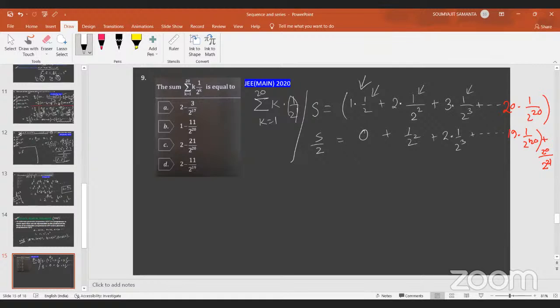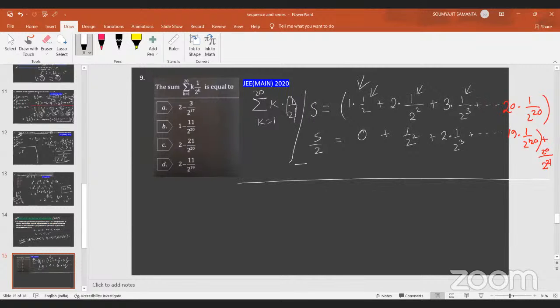So now what you need to do? Do the subtraction, S minus S by 2. So you will get S minus S by 2, which is nothing but S by 2 equal to, this will become 1 by 2. 2 into 1 by 2 square minus 1 by 2 square, that will become 1 by 2 square. And then 3 into 1 by 2 cube minus 2 into 1 by 2 cube, this will become 1 by 2 cube.